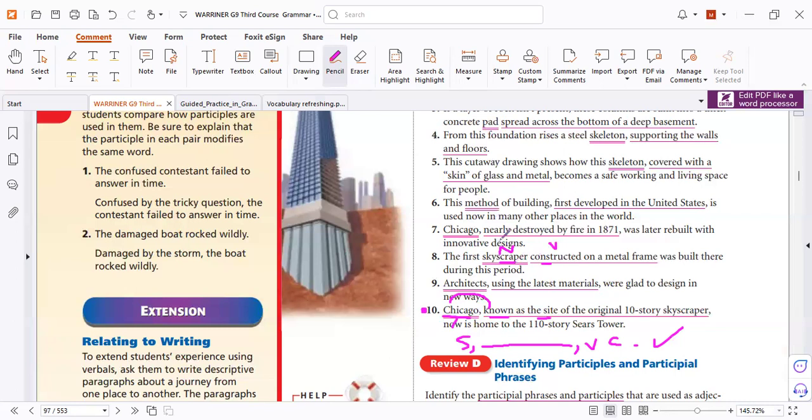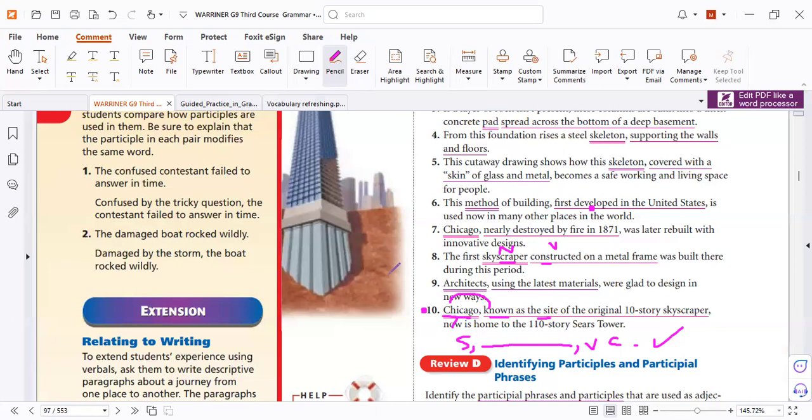Yes. Again, what or who was first developed? Read and tell me. The skyscraper. A skyscraper?